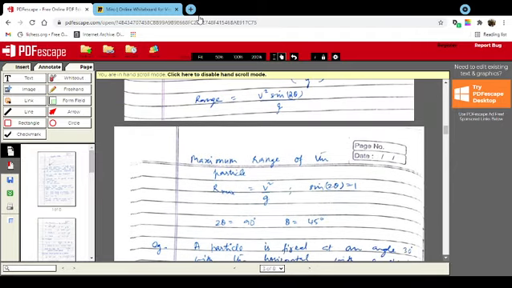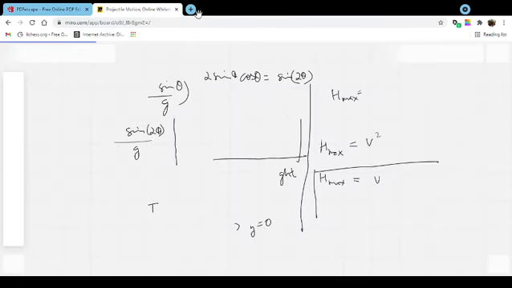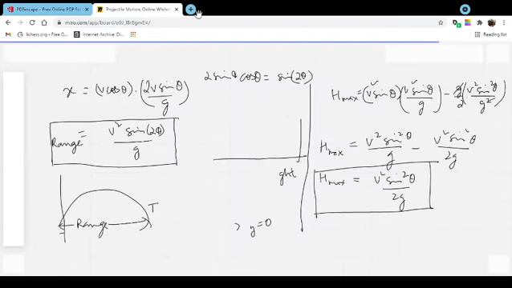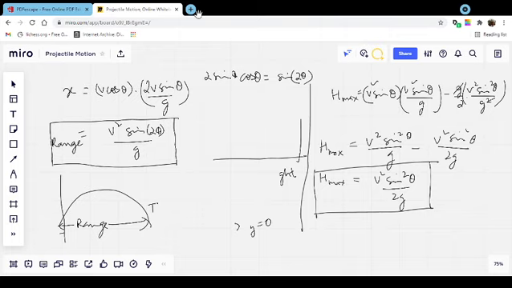One of the initial results which we can remember is: what is the maximum range of the particle? The maximum range would be when this equation is maximum, when this value is some maximum value.